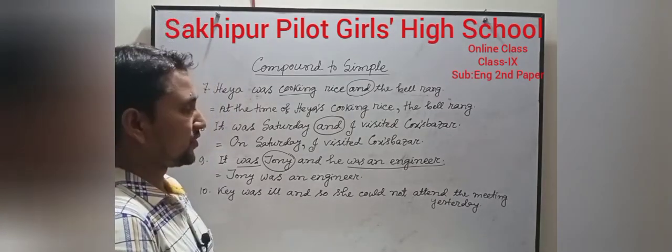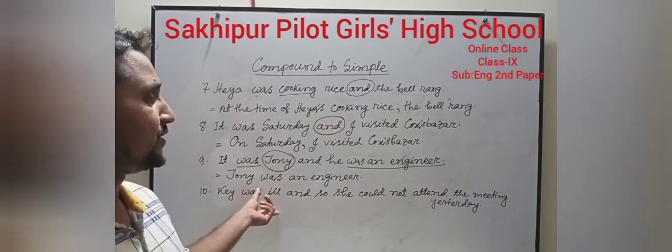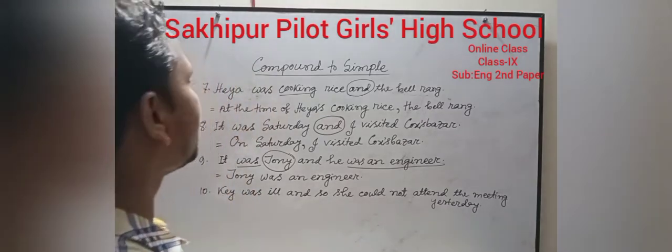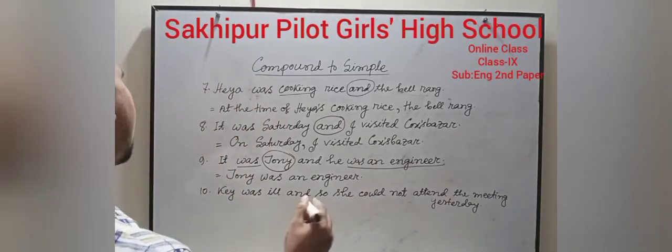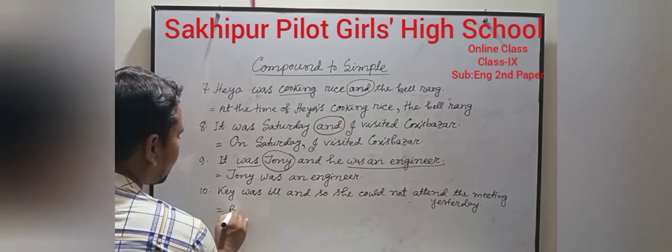If the first clause or second clause indicates any reason of the another work, if you want to change into simple sentence, then you have to use at the beginning of the clause because of.